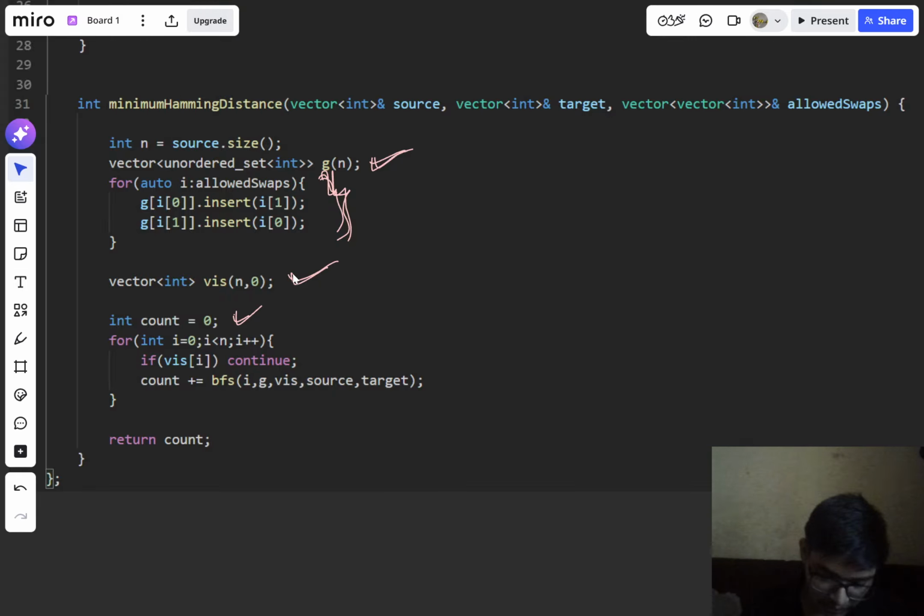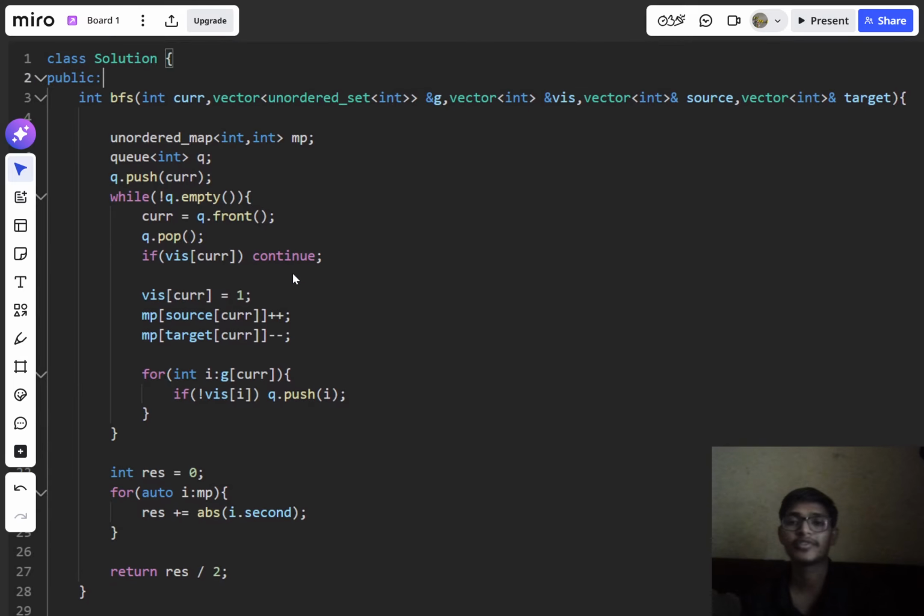If an index is already visited, we will not visit it again and again. Now we apply breadth first search for every index if it is not visited till now, passing source and target also. All the working is done in this BFS function only.